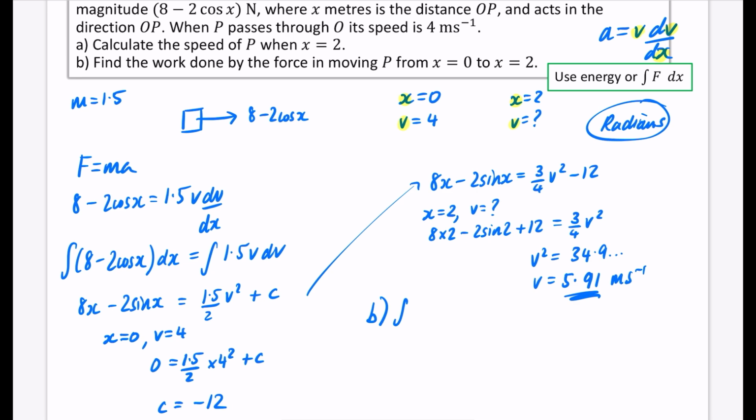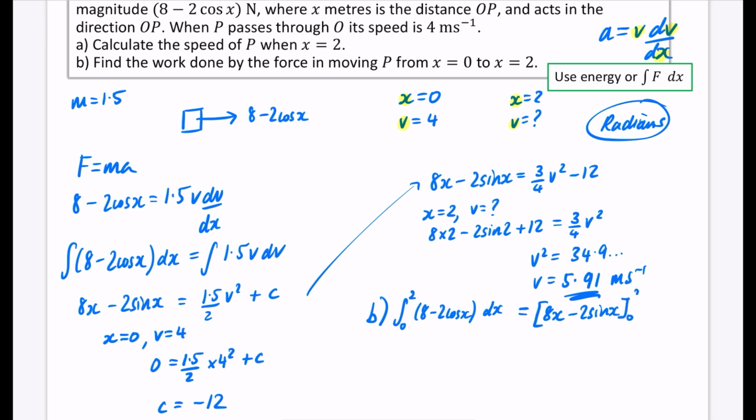So I'm going to integrate the force, which is 8 minus 2 cos x with respect to x. And remember I said the limits here have to be where it starts and where it finishes as a distance. And it's moving from its initial position as 0 to the final position of 2. So it's moving between 0 and 2. Now I've already actually done that integration. I did it over there and it was 8x minus 2 sine x.